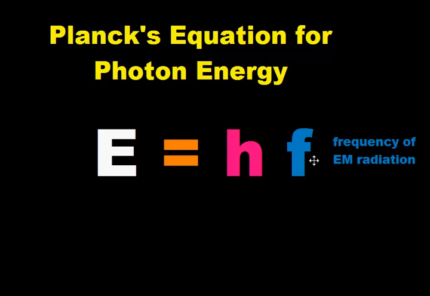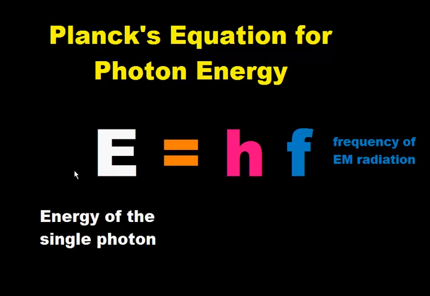F is the frequency of the electromagnetic radiation or the photon, E is the energy of that single photon, and h is Planck's constant. We have the value of Planck's constant in our notes, and we used it in some warm-ups in class, but for the quiz, you do not have to memorize it.